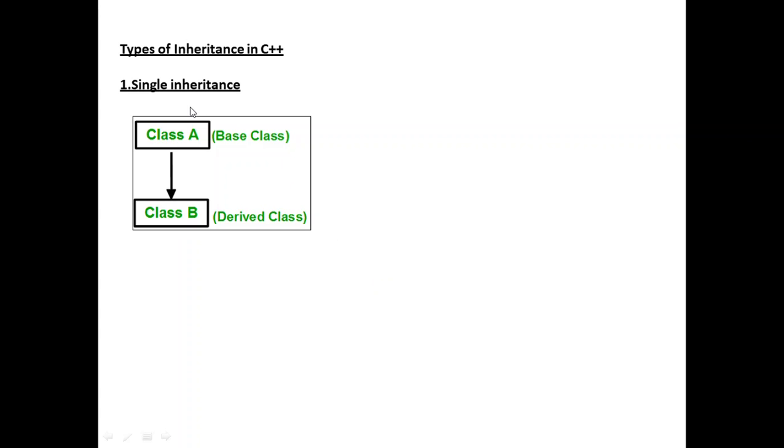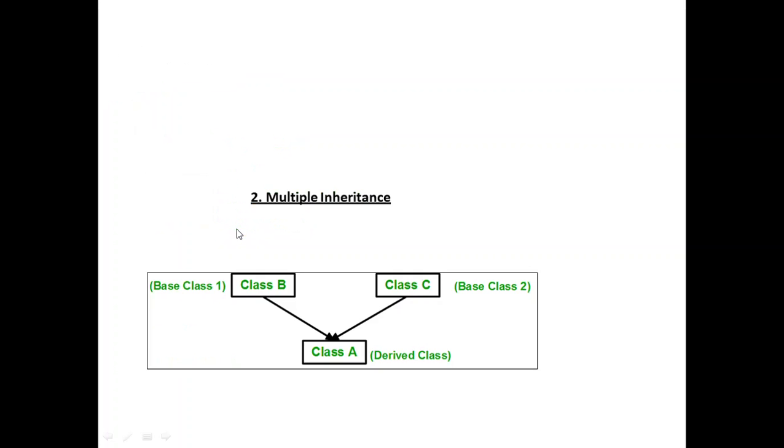Another very important thing is the types of inheritance. Inheritance can be of different types. Single inheritance is where there is a single base class and one derived class. Multiple inheritance means there are two base classes and one derived class.